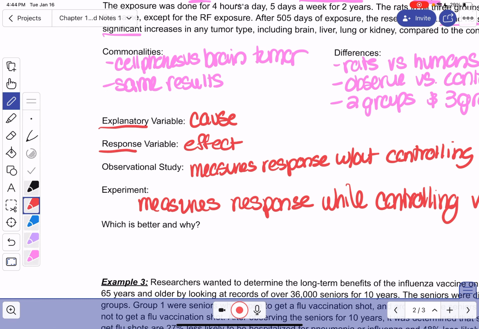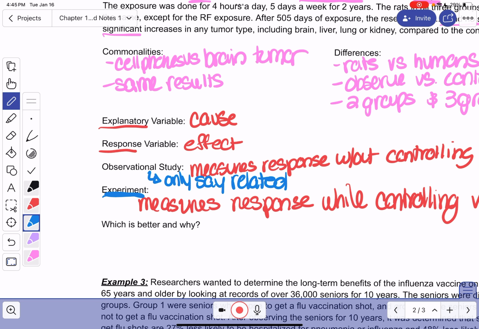So with experiments, because you're controlling, you can say this is a cause. In observation, you can only say they're related. You can't say it's a cause because you haven't looked at what else could be affecting it. You can say, hey, there's a relationship, but you can only say cause and effect when you have experiments. So, which is better and why?